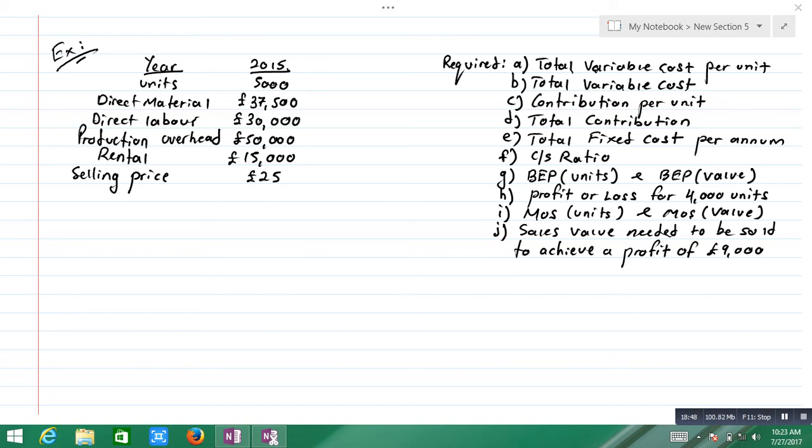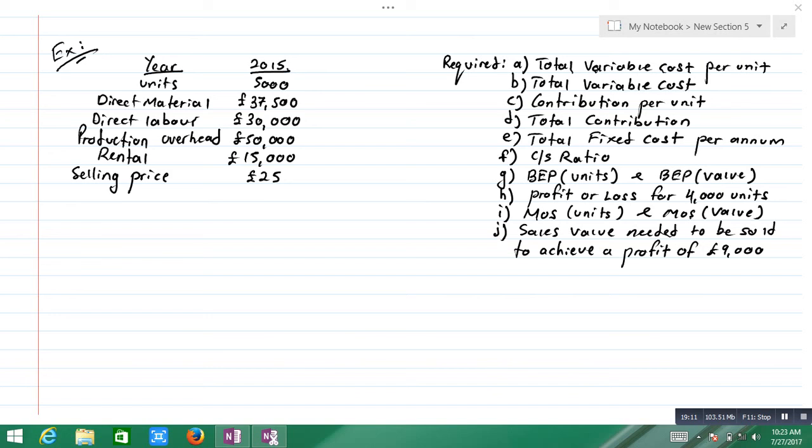Labor won't be the same either, the salary of a person won't be the same, so direct labor cost won't be the same. Production overhead definitely won't be the same because the cost incurred in the production line is not fixed. Every time will be a different cost.